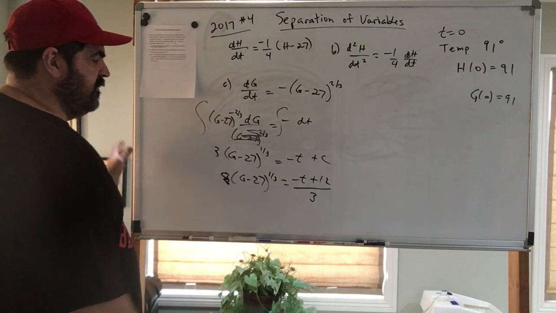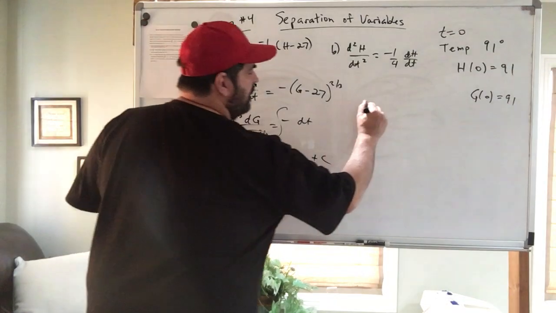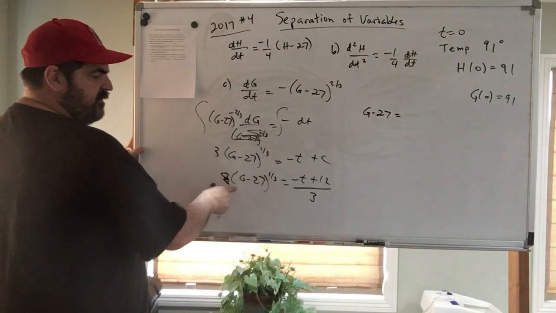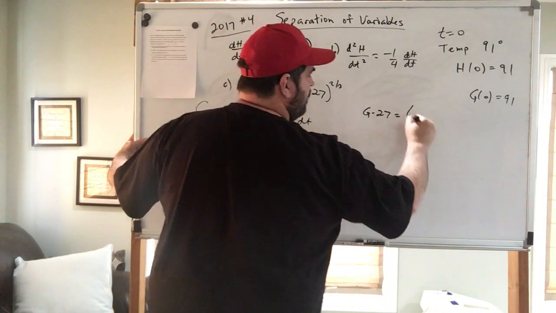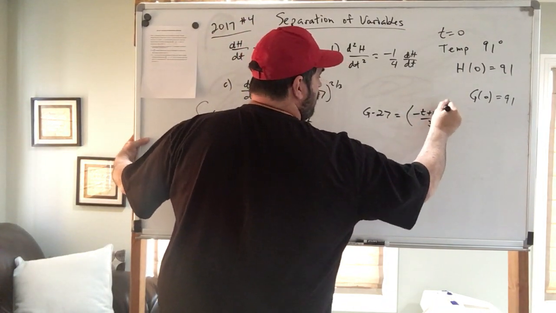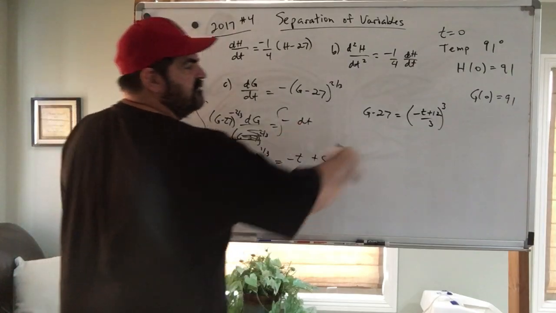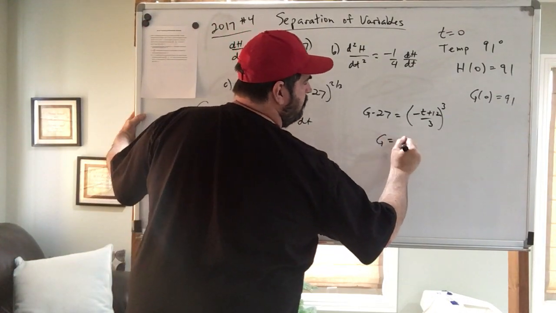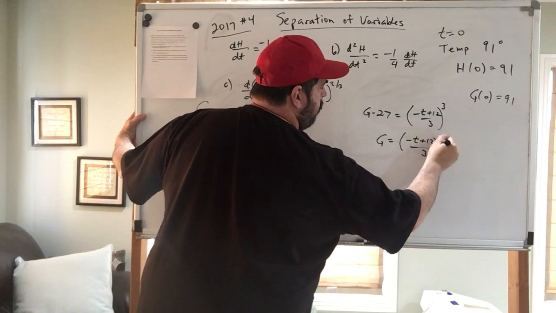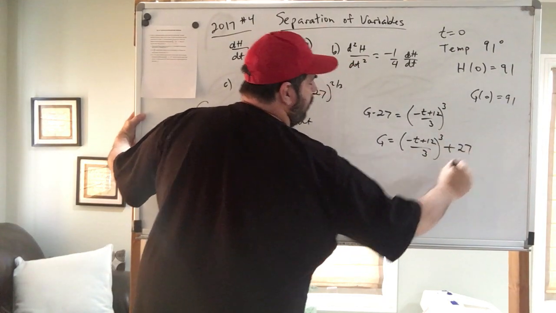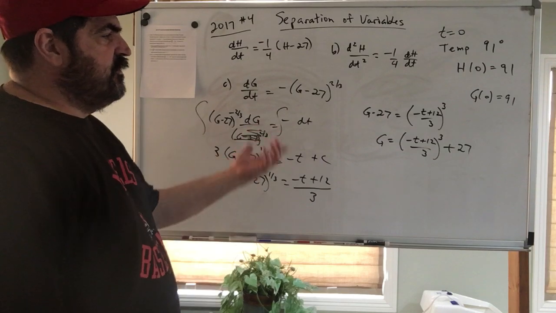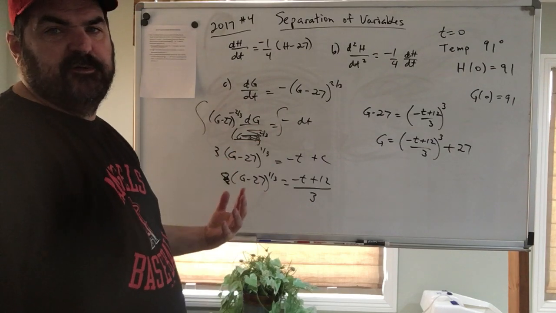So when I cube both sides, that gets rid of the 1/3, and so I have this whole side cubed. Send the 27 over. And now you got your g of t equation. All right, so there's your original equation. You separated variables, same steps we always do.